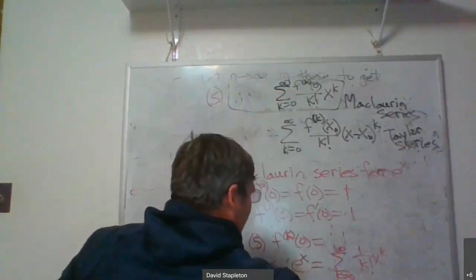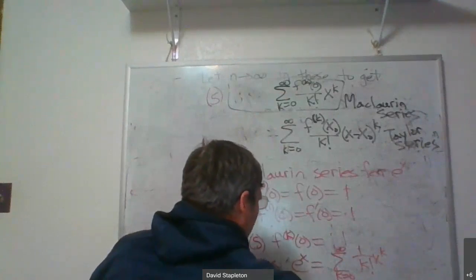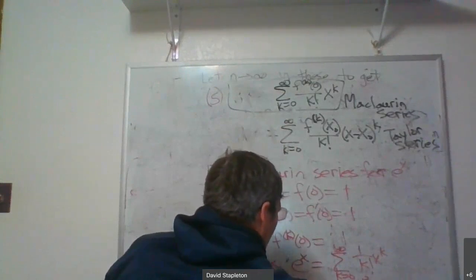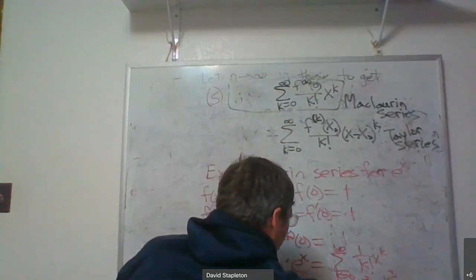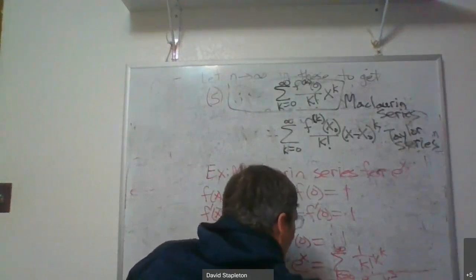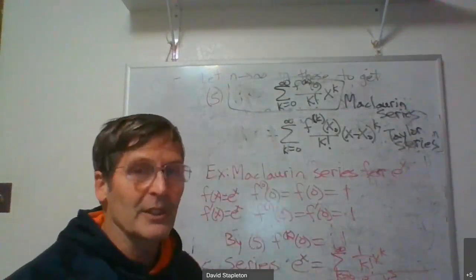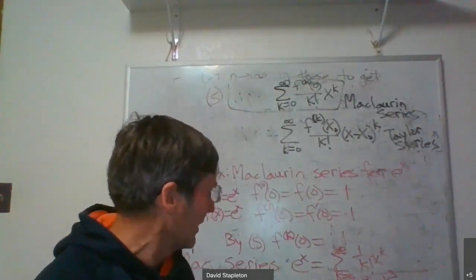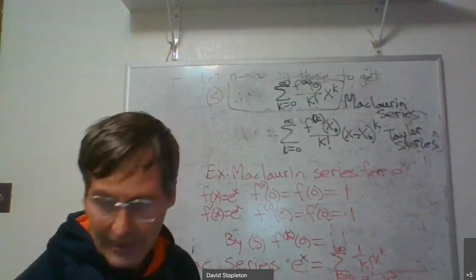It means 1 plus x plus x squared over 2 factorial plus x cubed over 3 factorial plus x to the 4th over 4 factorial and so on. If you let that go on forever, it gives you an exact expression for e to the x, and that is of real valuable theoretical importance in messing around with this.